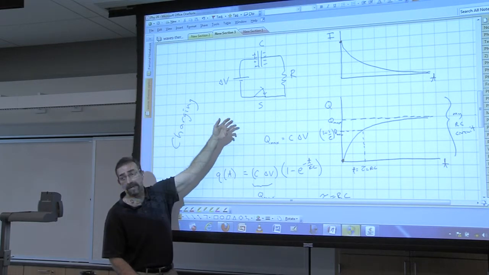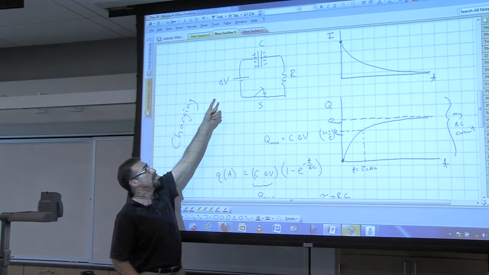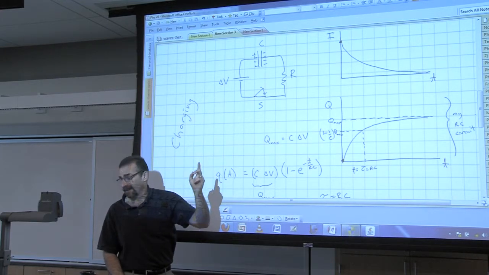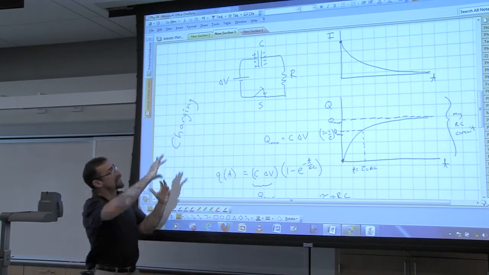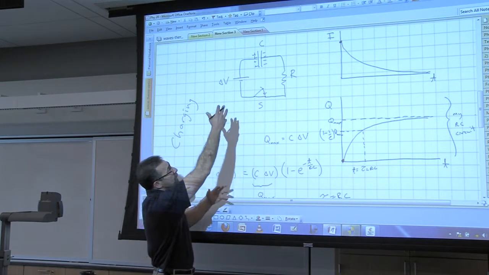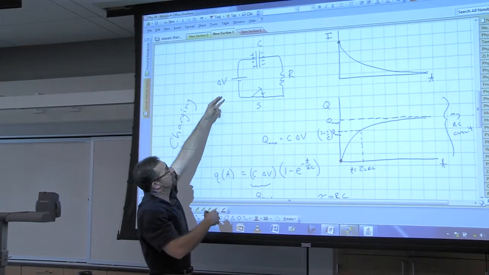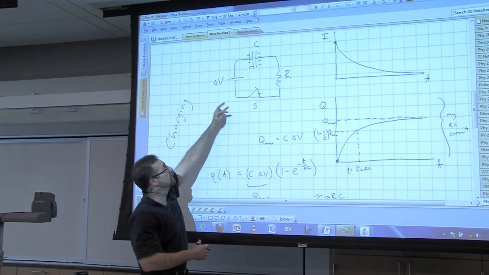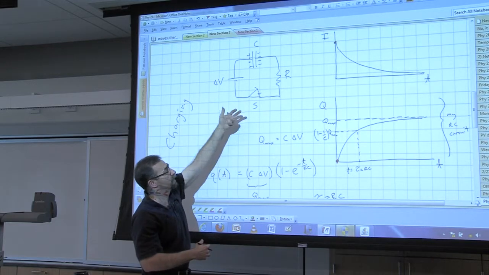So for a very brief amount of time, the battery is oriented in one way, like this, and charges begin to move and build up on the capacitor, and then the polarity switches, and the charges go in the opposite direction. And then it switches back, and they go in the other direction.